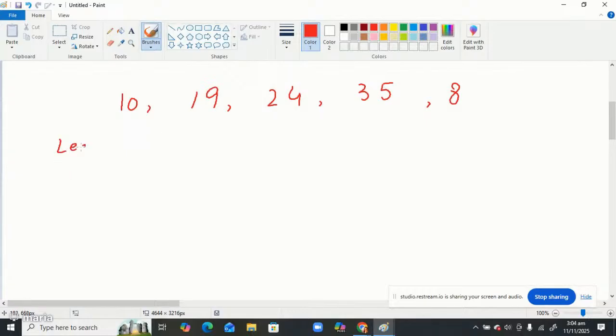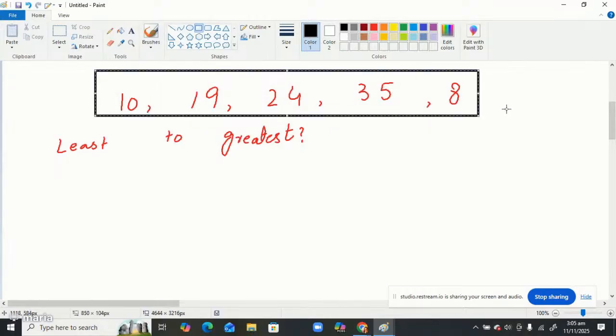Now you tell me from least to greatest. It means that first of all you write all these numbers from least to greatest. That means you check what is the smaller number in all of it firstly.